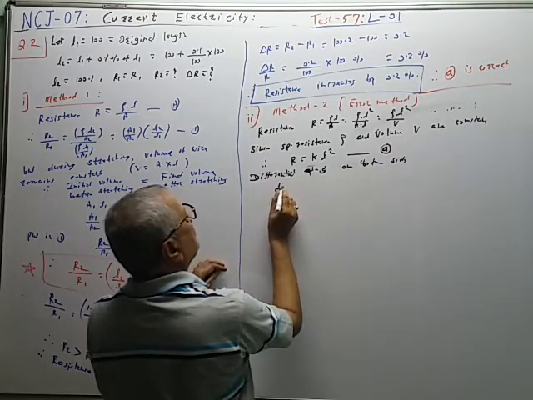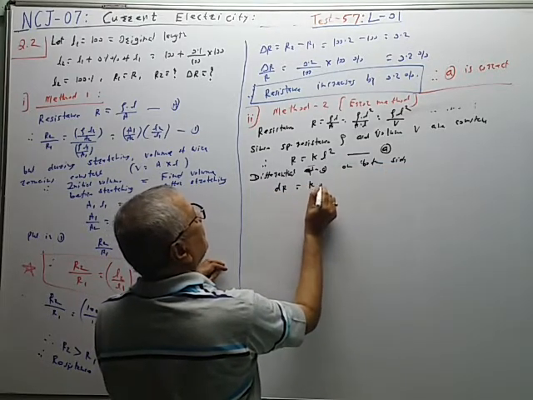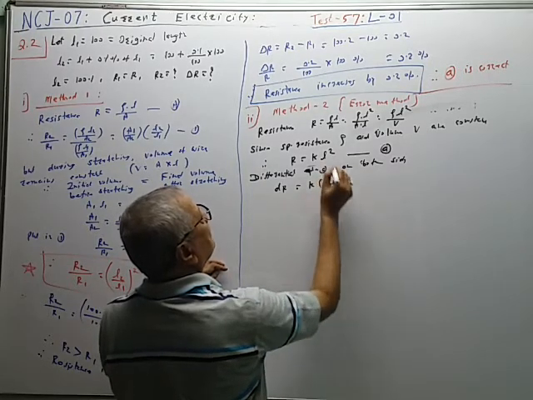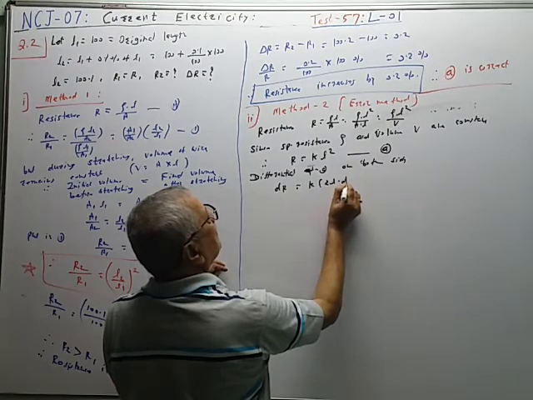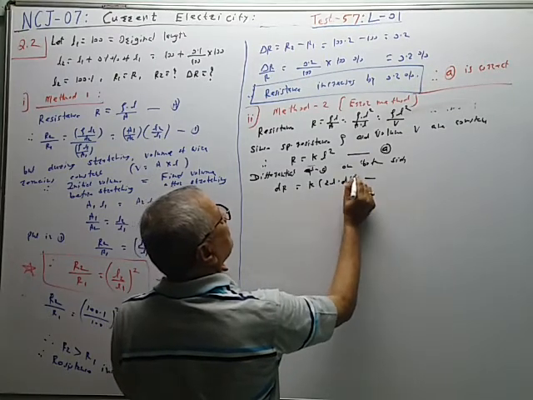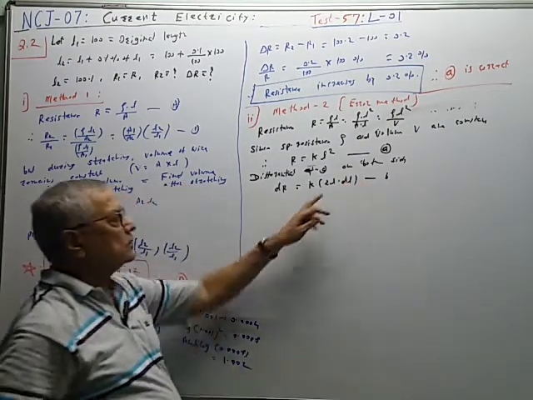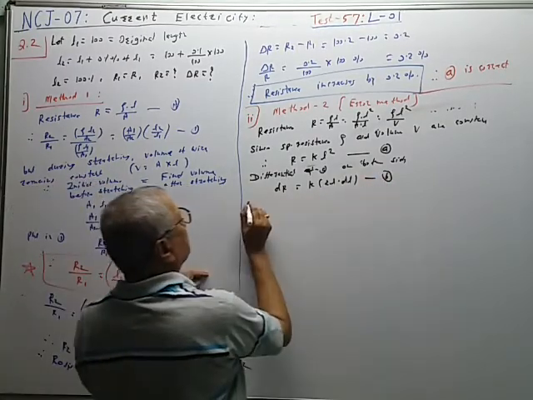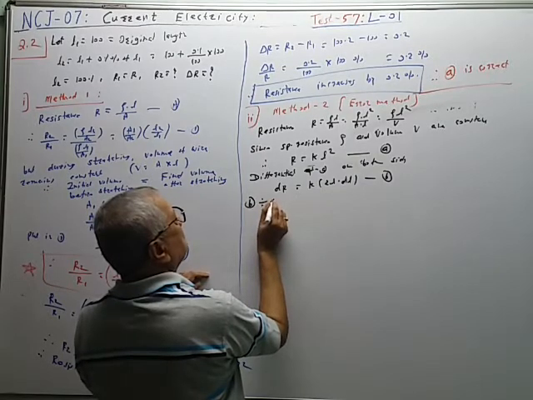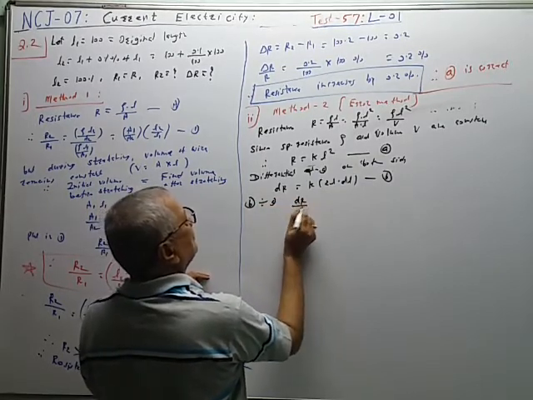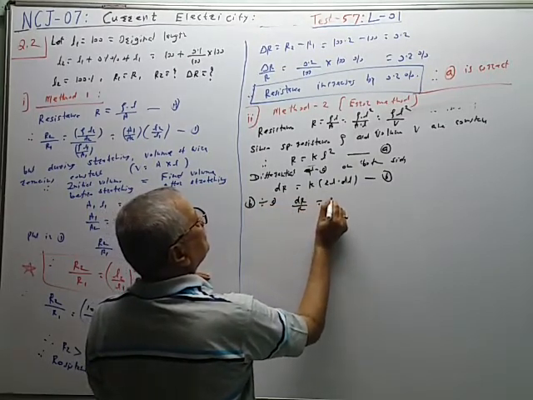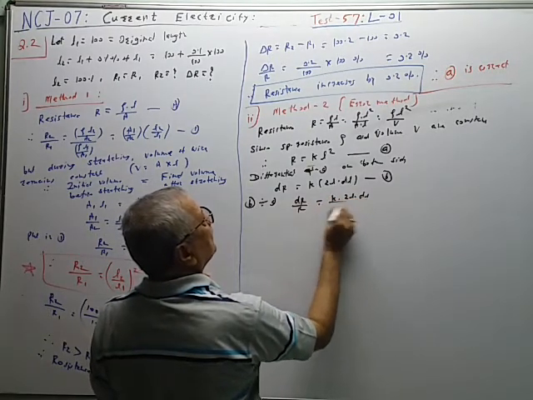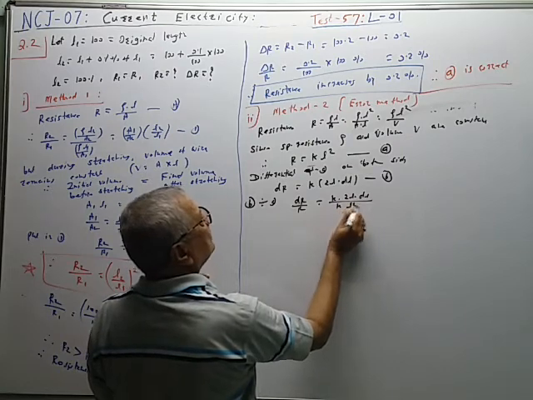On both sides, therefore, dr is equal to K into 2L into dl. This is equation B. B by A: dr upon R is equal to K into 2L into dl upon K into L square.